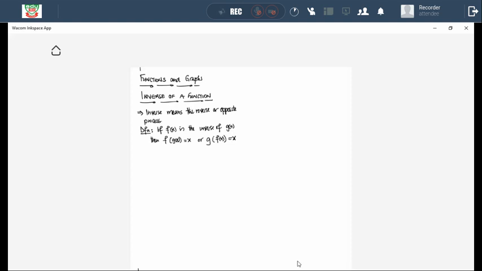And when you are asked to prove that f is the inverse of g or the other way around, you just nest one function into the other, placing wherever there's x, g of x or f of x, whichever the case might be. If the answer simplifies to x, then you can conclude that f is an inverse of g.